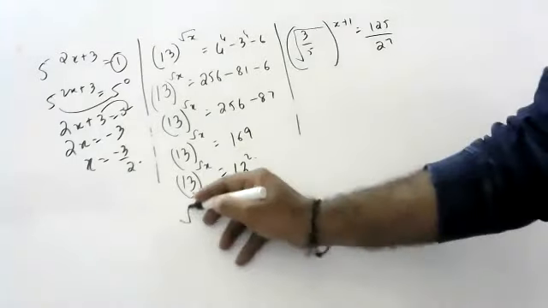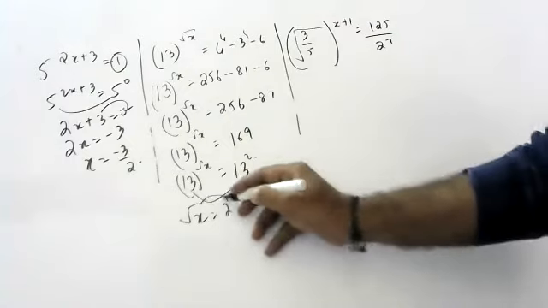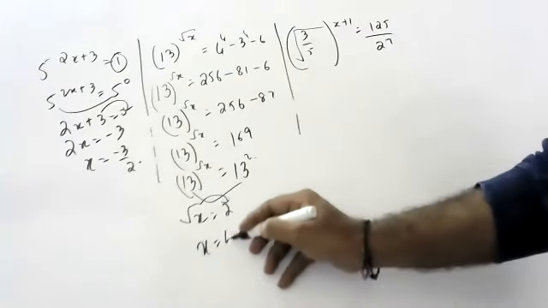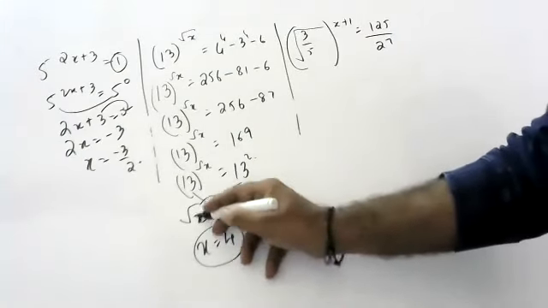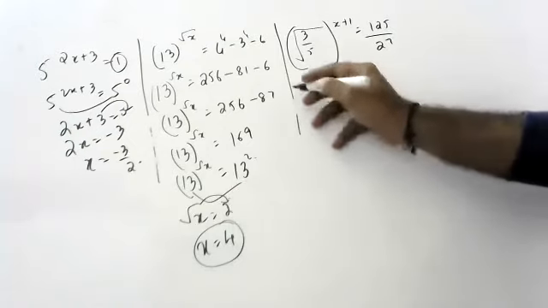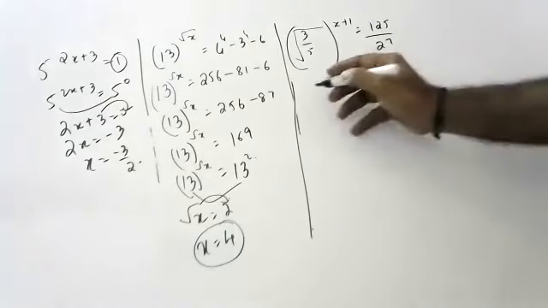So root x is equal to 2. Root x is equal to 2, so x is 2 square, which is 4.